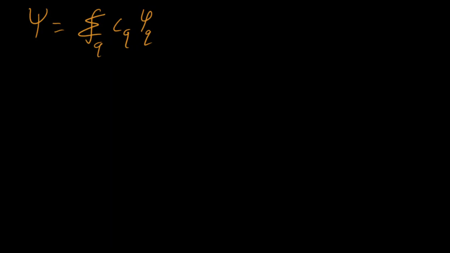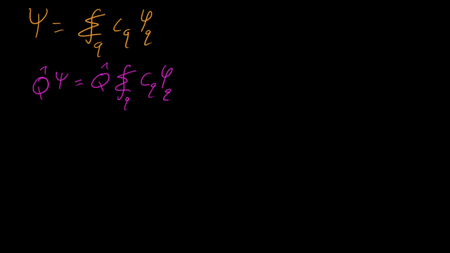If we now act on this with the operator q hat, so I'm going to look at q hat acting on psi, this will be q hat acting on this superposition, c sub q phi sub q.